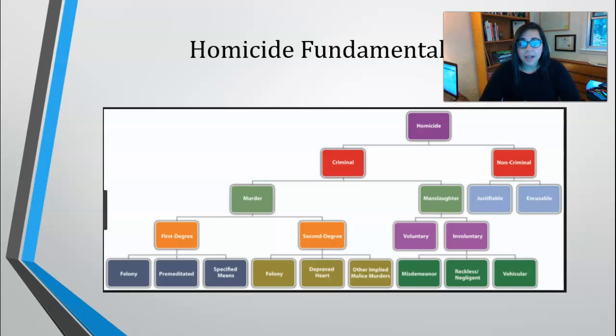And as we start talking about homicides, I want you to keep in your mind that spectrum of mental states. How we have intentional, knowing, and purposeful over on this side of the spectrum, and how we have reckless and negligent over on this side of the spectrum. Again, all of those are mental states that we use in categorizing crime, but we tend to think about those types of crimes differently.